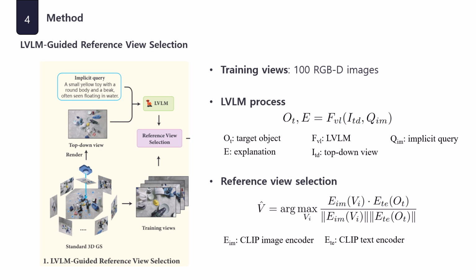This encoded text is then compared against all the training views, which are encoded by a CLIP image encoder. The view that yields the highest cosine similarity with the target object's description is chosen as the reference view. This is essentially finding the view that best matches the LVLM's understanding of the core object.